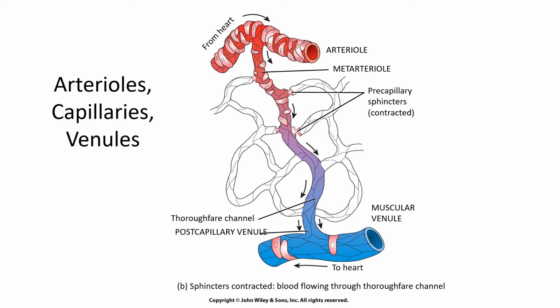In fact, if you could somehow open all of these sphincters, you wouldn't have enough blood to fill all of those vessels, and your blood pressure would drop, and the ability to move the blood, of course, would be greatly diminished. This is what happens during physiological shock.